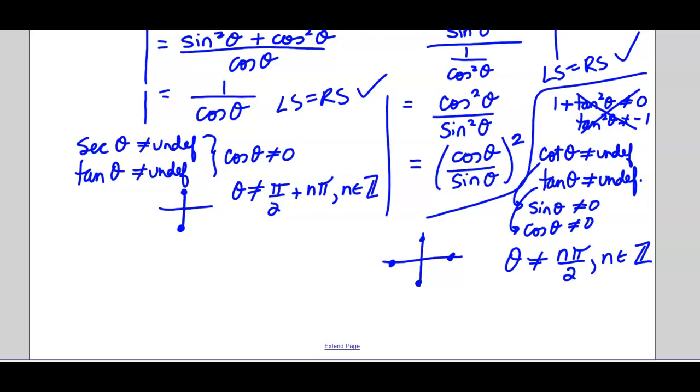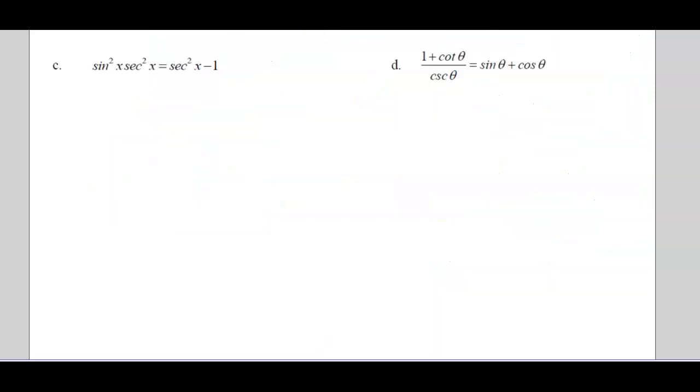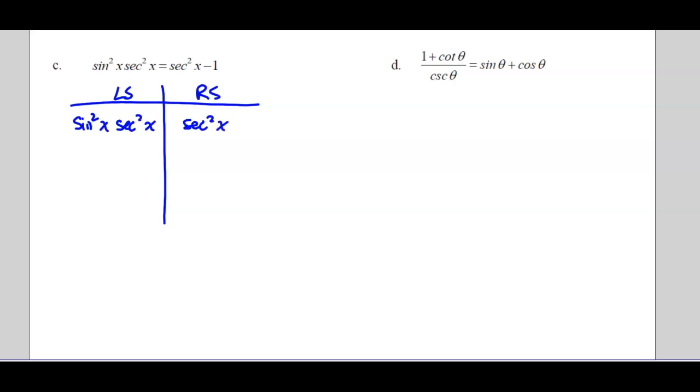So I'm gonna think about simplifying the right side first. And secant squared, take a look on your formula sheet. If I rearrange my 1 plus tan squared equals secant squared by bringing the 1 to the right, then that right-hand side is equal to tan squared.